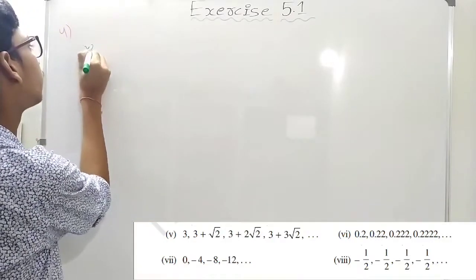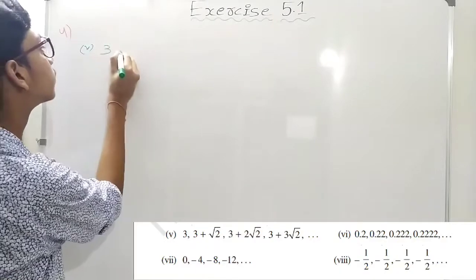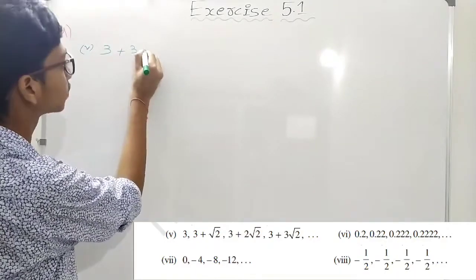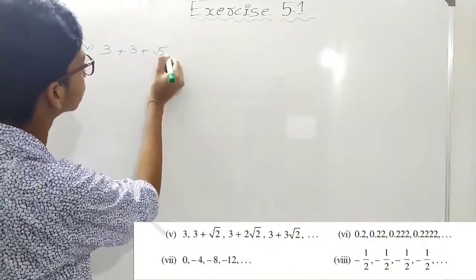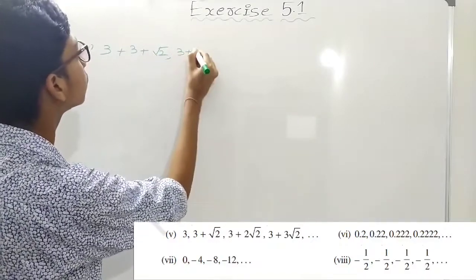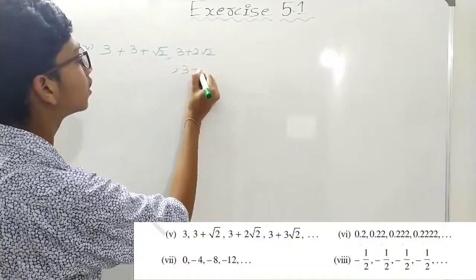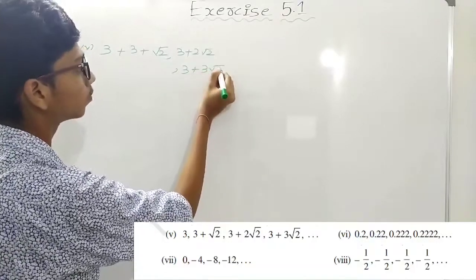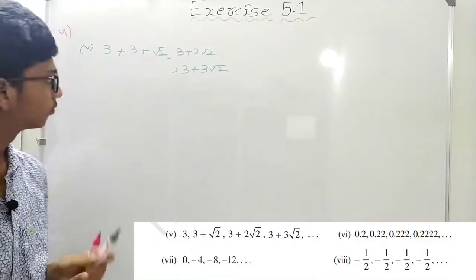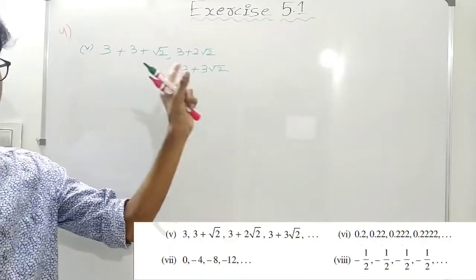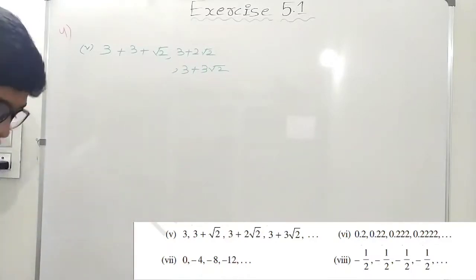Question number 5 is 3 plus root 2, 3 plus 2 root 2, and 3 plus 3 root 2.